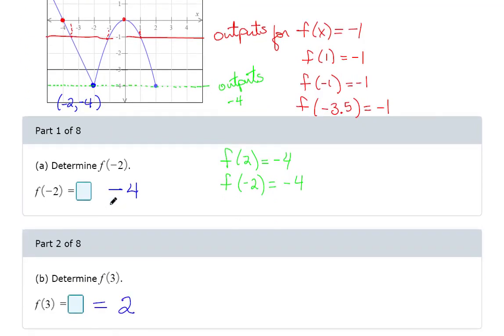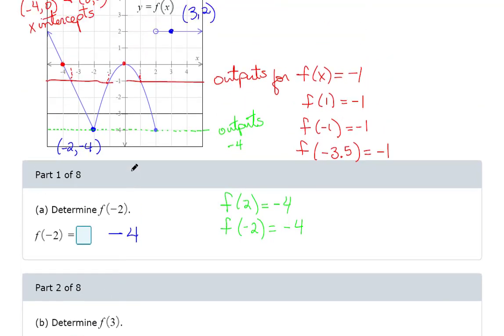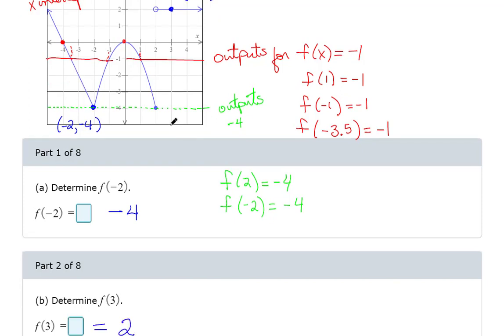Okay. What about f of 3? Where is 3? There's an input of 3. I go find the graph. That seems to be at a height of 2. And so f of 3 is 2.